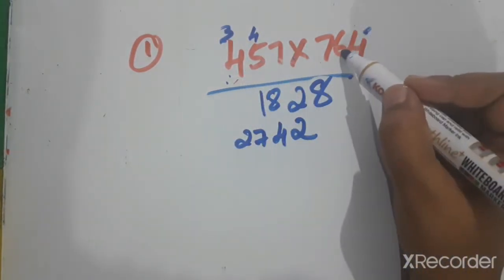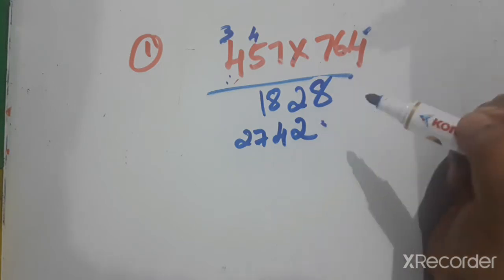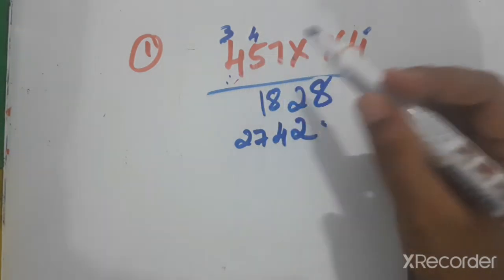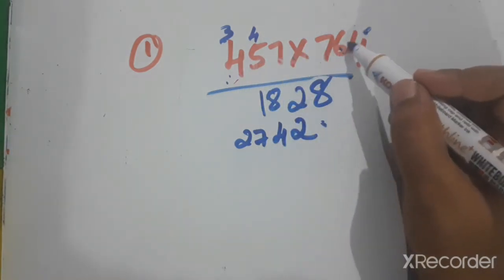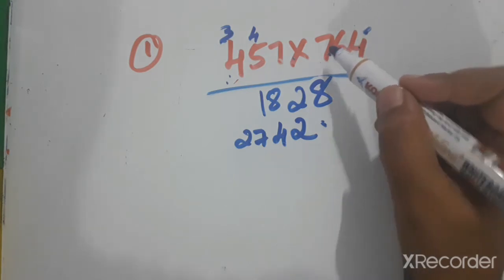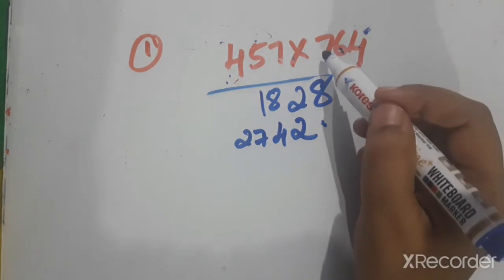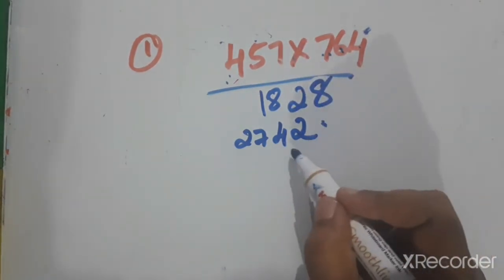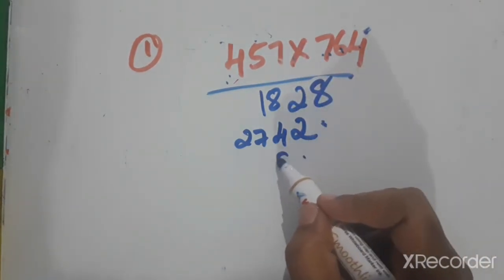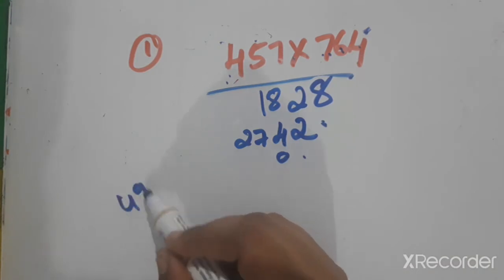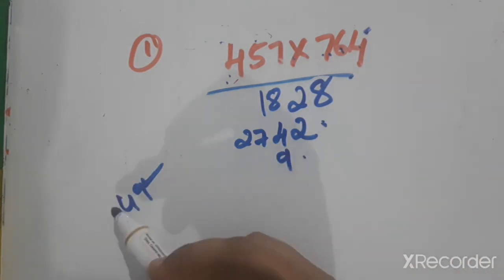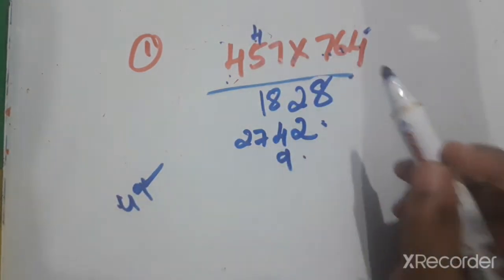Now for the second line, leave one space and multiply each number with 6. And the first number is over, the second number is over, with 7 we have to multiply each number. Now with 7. 7 sevens are 49. 49 means we have to leave one space and write 49. Out of 49, the last number 9 we have to write and this 4 carries to the next place.